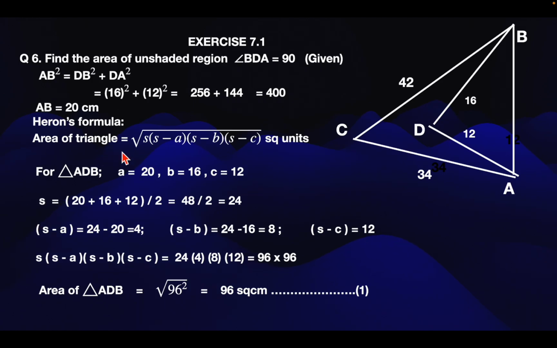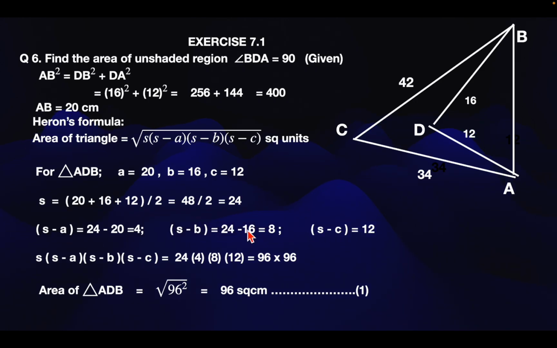Now we are going to substitute in Heron's formula and get the area. Let's find S minus A, S minus B, S minus C. S is 24, 24 minus 20 is 4, 24 minus 16 is 8, 24 minus 12 is 12.